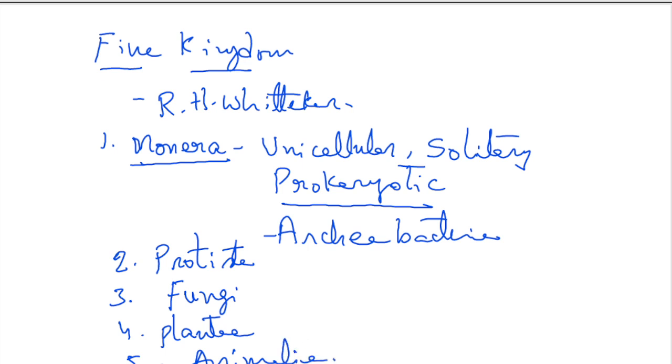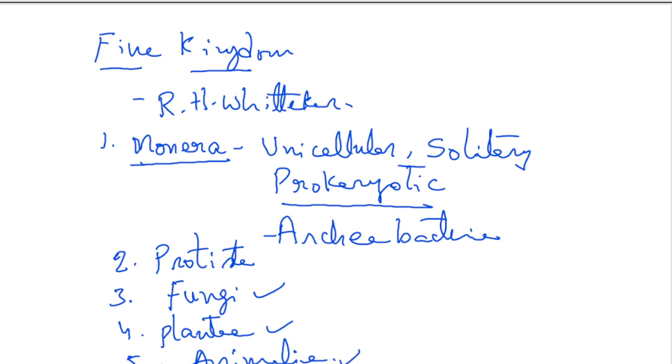Like this, according to R.H. Whittaker, all living beings are classified into these five kingdoms.